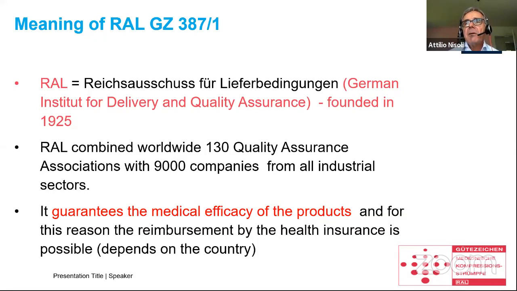They started with all different technical products where they were testing, and maybe one of the sectors you might be familiar with is the colors. All the colors originally, they have RAL numbers. So that's where it comes from. In the meantime, as I said, there are many different technical sectors following these RAL standards.